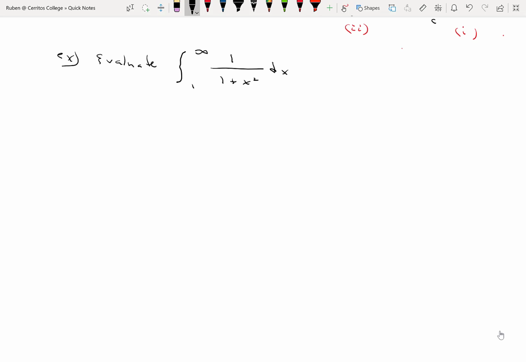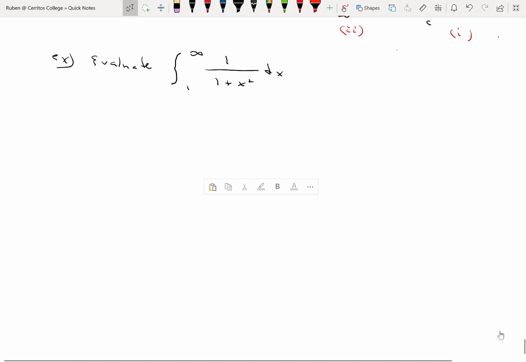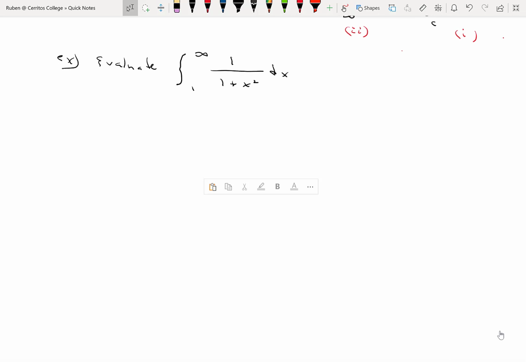Okay, so this is clearly a type 1 integral, since the upper limit of integration is infinite. So what we do is we integrate from 1 to some t, then we take the limit of that integral as t approaches infinity, 1 over 1 plus x squared.